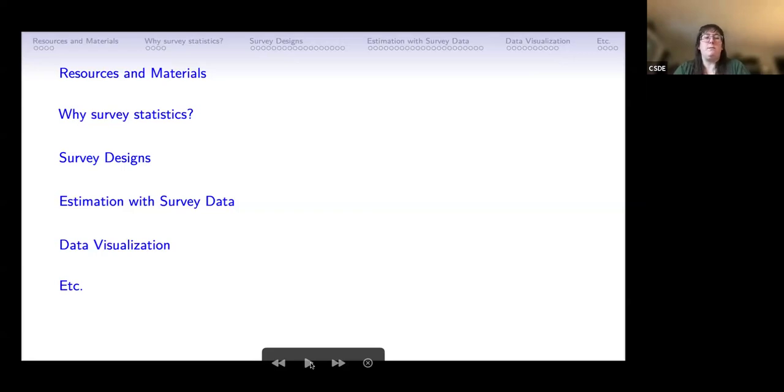We're going to talk about some typical survey designs, how we do estimation of statistical parameters or population parameters with survey data, and then talk about some special things one needs to do to visualize survey data properly. And then at the end, we'll talk about the things that we didn't talk about. So just a few topics that may be of interest to you.